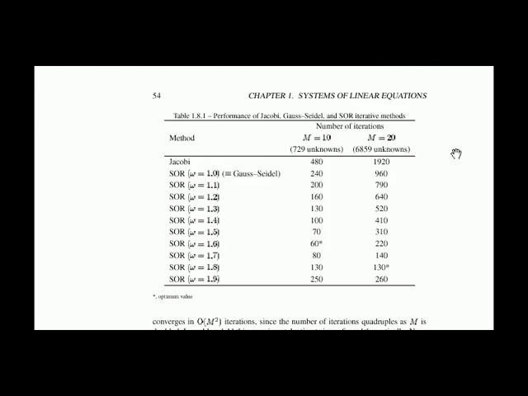It turns out that this converges much faster for the type of problems that we're interested in, for positive definite problems. So all three methods are extremely simple to program.